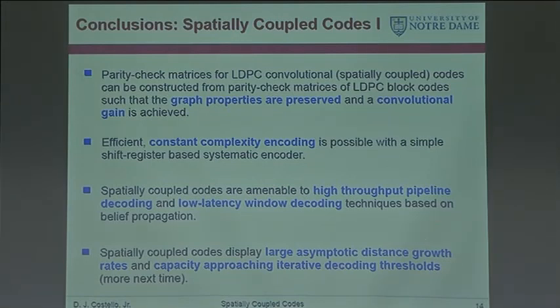These are all based on belief propagation. They're not optimal, they're suboptimal decoding methods. And we have large asymptotic distance growth rates, free distance in this case because they're convolutional, and the capacity approaching iterative decoding thresholds, as we've seen, and we'll talk more about this in the next class.